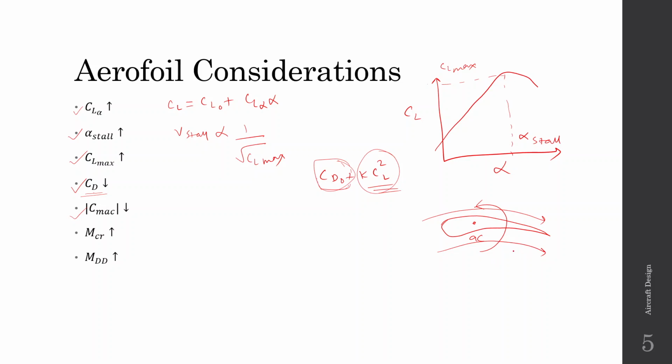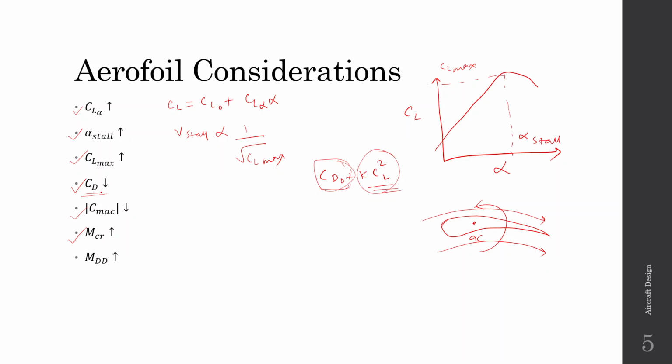Ideally it should be zero, but since zero pitching moment is not possible, we want this to be not very high, because if there is a bigger pitching moment, then we'll have to cancel it out somehow, right? If we don't cancel it out, then the aircraft will pitch down, right? So we need some other mechanism such as a tail or a control surface to cancel out this moment. So we want Cmac to be as low as possible.